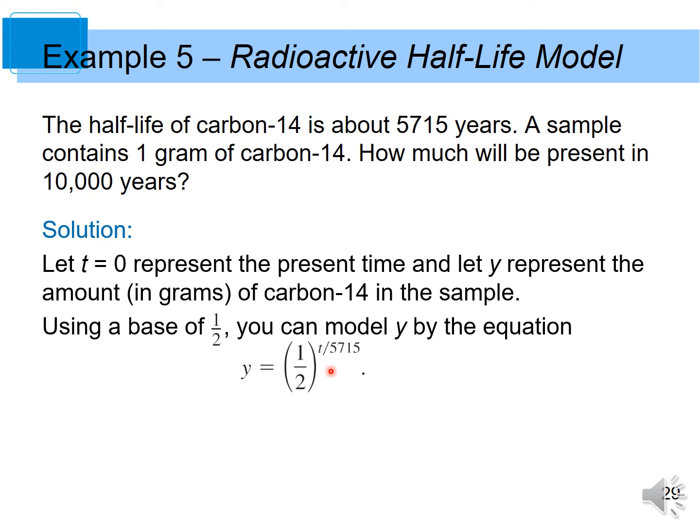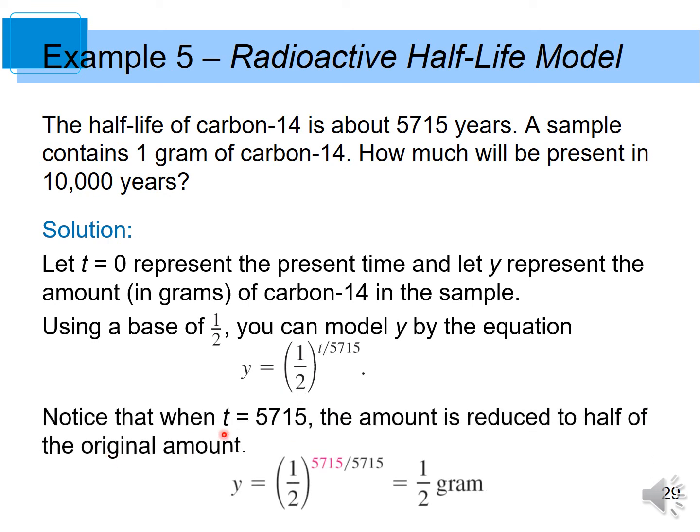And you need to verify the model that you have created. First, you can substitute t equal to 5715 into your model, and you calculate. The answer here is half a gram. Is it true? Look at the question.